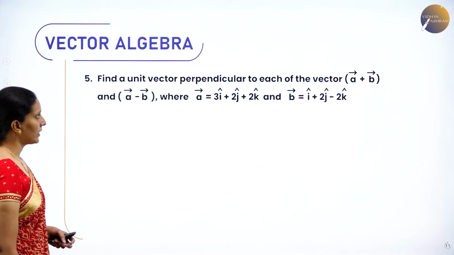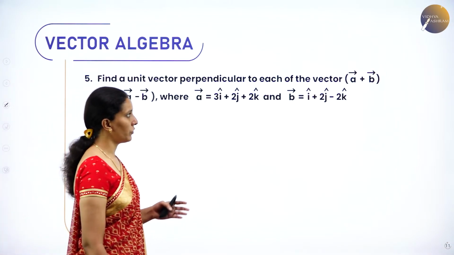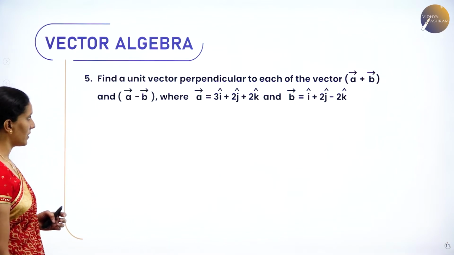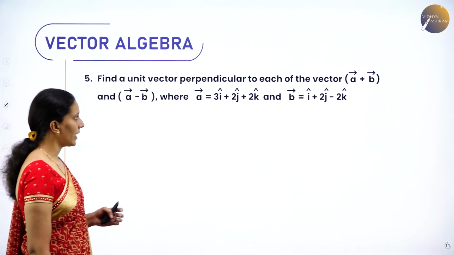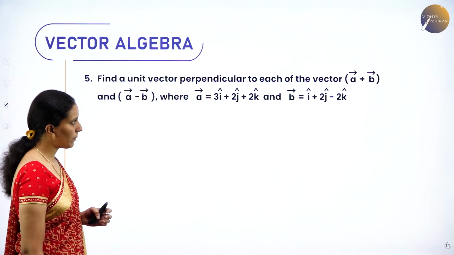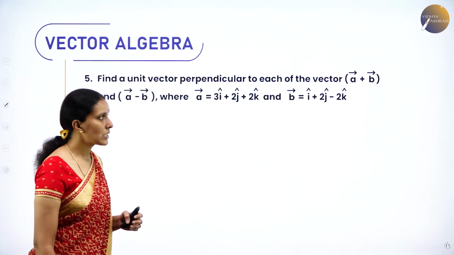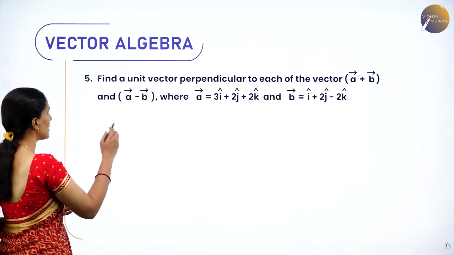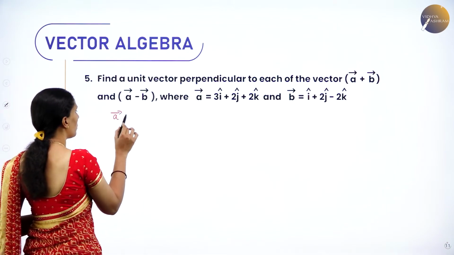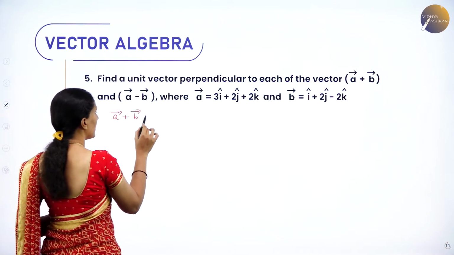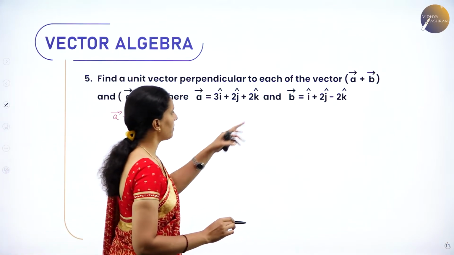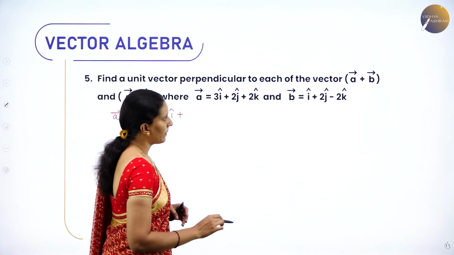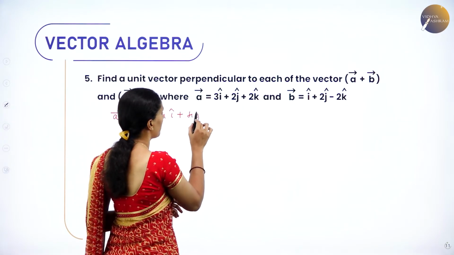Find a unit vector perpendicular to each of the vectors A plus B and A minus B, where vector A is 3i plus 2j plus 2k and vector B is i plus 2j minus 2k. Same as before, first let us find vector A plus vector B, the sum of two vectors. 3 plus 1, 4i. 2j plus 2j, 4j.